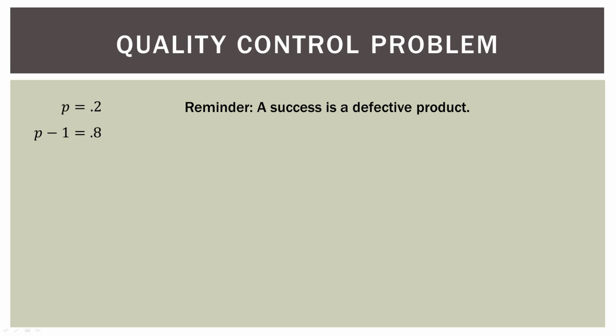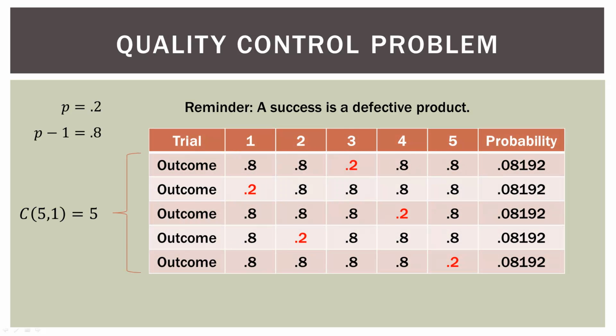So let's put in some numbers here. Remember, our probability of being defective, which is actually a success, is 0.2. Therefore, the probability of being a good product is 1 minus p. I'm sorry, that should say 1 minus p, is 0.8. So in the places of the S and the F, we just put in those probabilities.